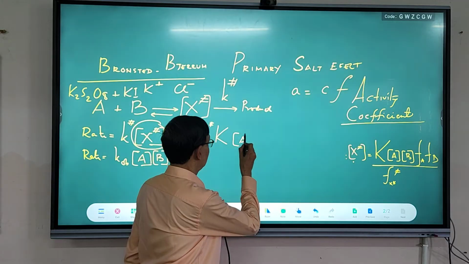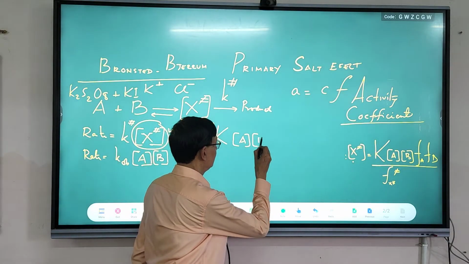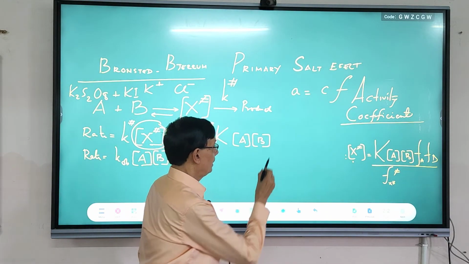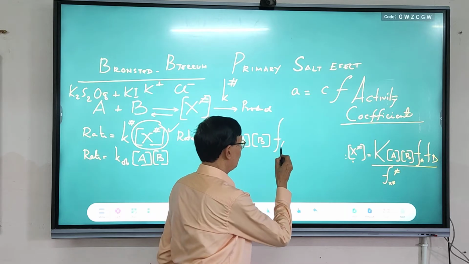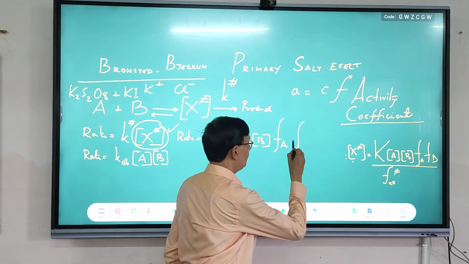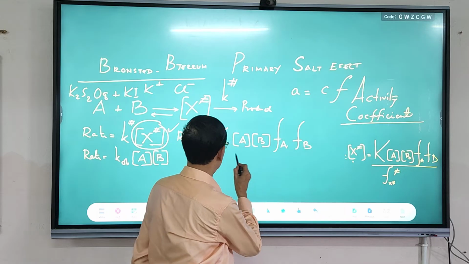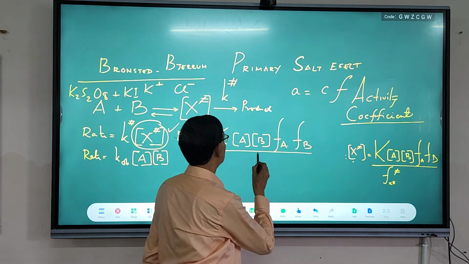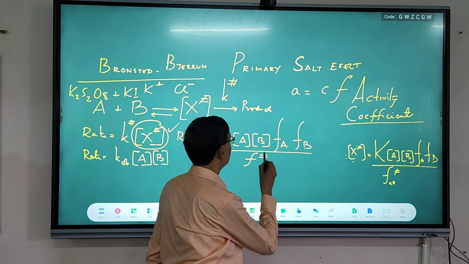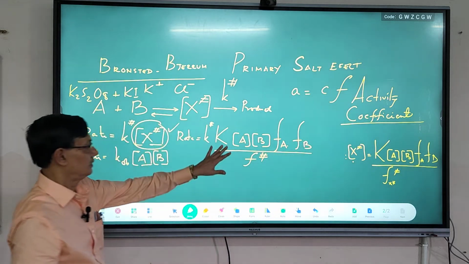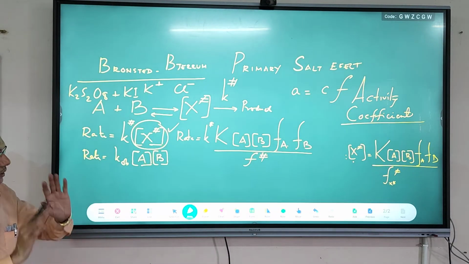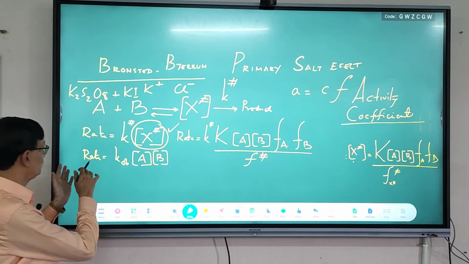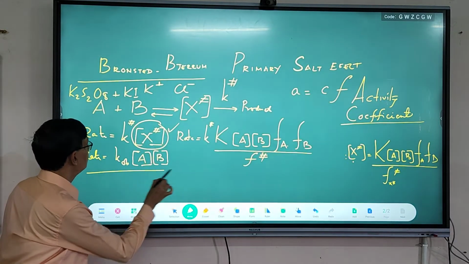AB, isn't it? F, activity coefficient of A, activity coefficient of B, and F, like that. Okay? This is in rate, and in one case rate is equal to K observed, this.